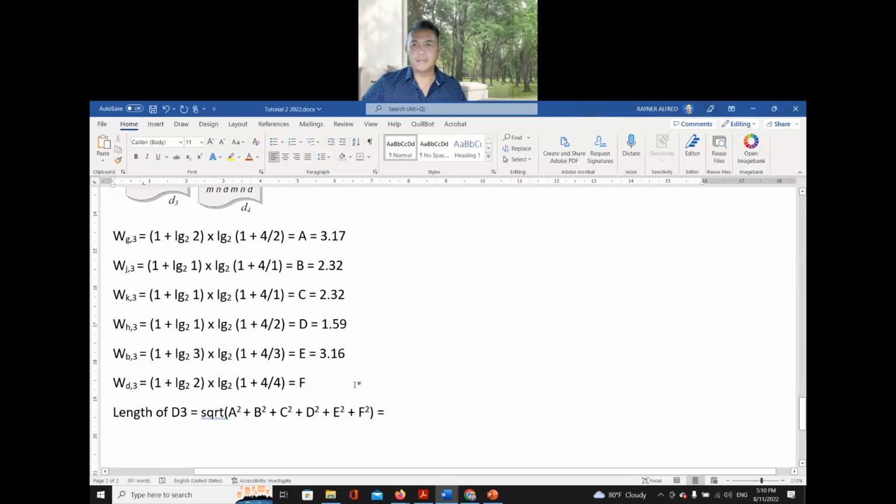Okay, what is F? So this one is 1. 2. Is it 2? Okay. So you just substitute the values there. So what is the final value for this?